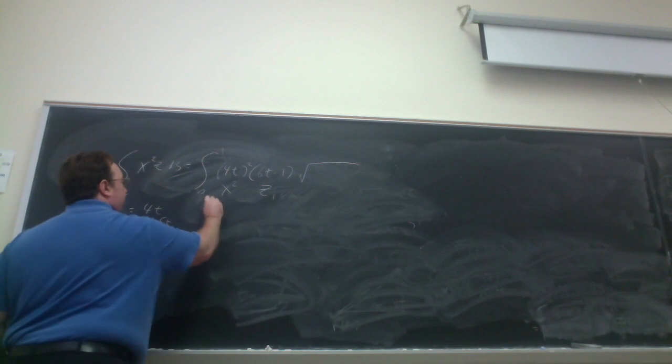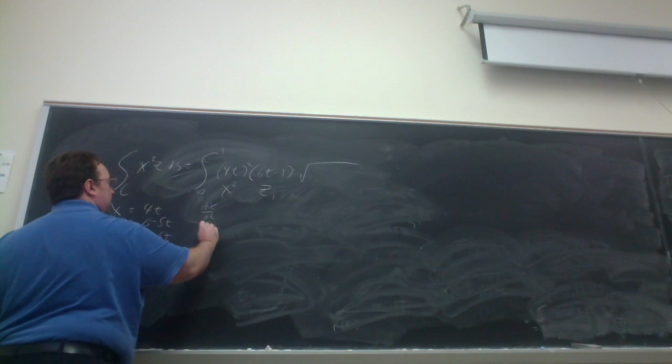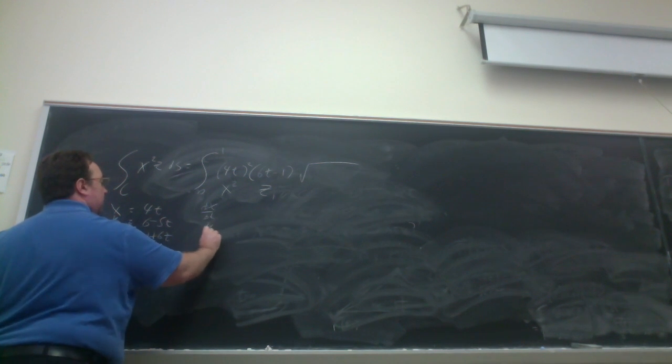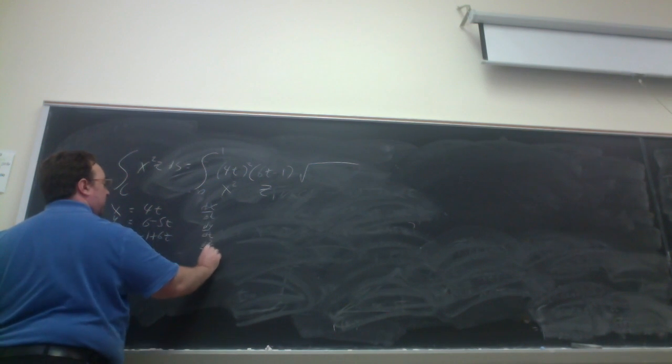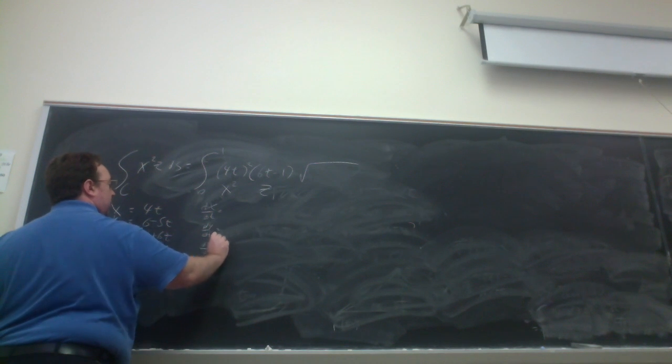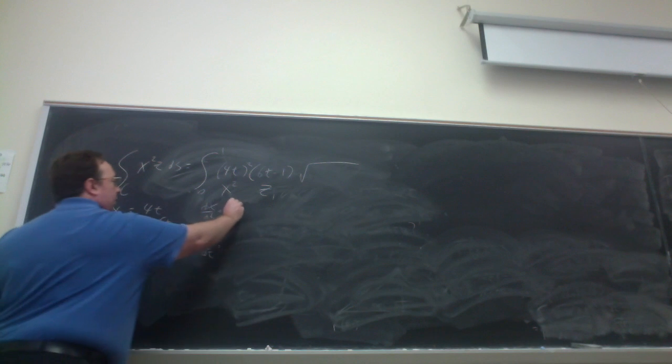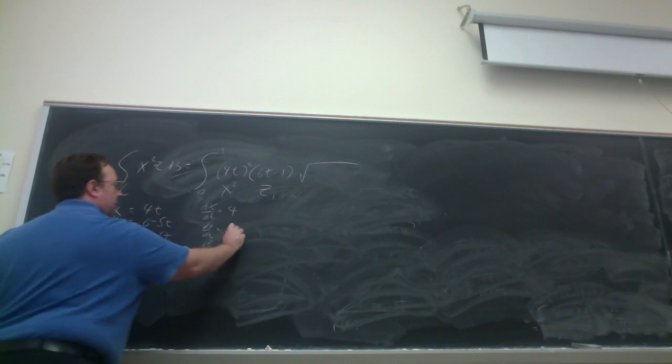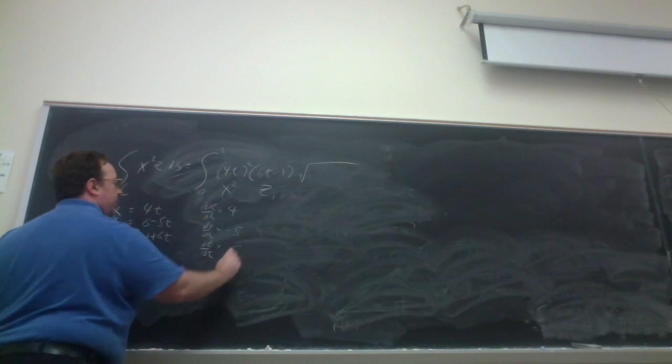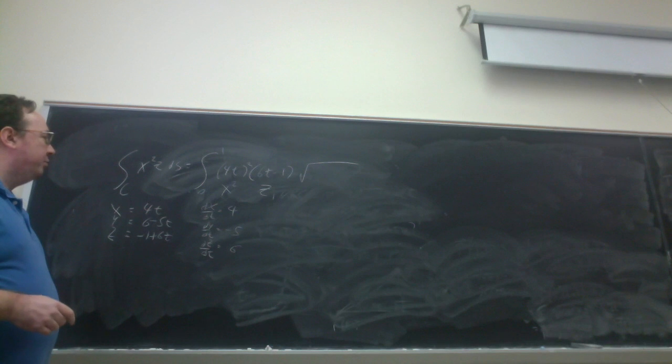So what are my derivatives? For that, it's just going to be x, the derivative of 4t is going to be just 4, -5, and 6. Yeah, so when it's a line segment, it's just your direction vector. Those are your derivatives with respect to time.